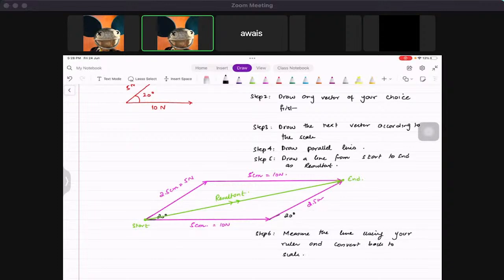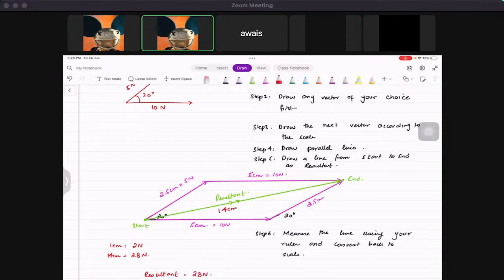So what you're going to do is put your ruler, measure this line. Let's suppose this line comes out to be 14 centimeter. So I'm going to say, okay, 1 centimeter was equivalent to 2 newtons, then 14 centimeter would be equivalent to 28 newtons. So which means that the resultant of this diagram is 28 newtons.